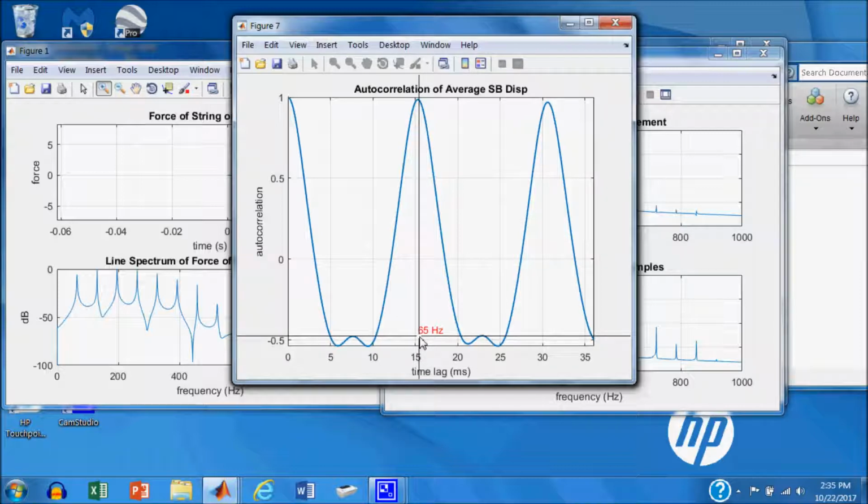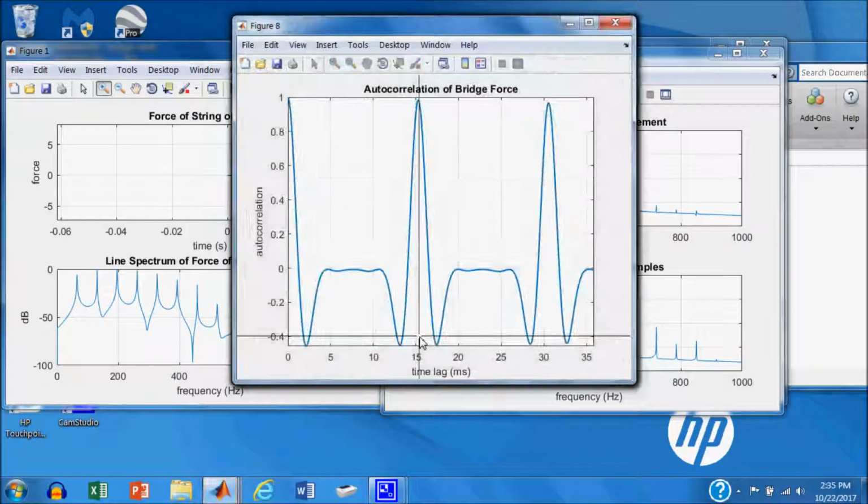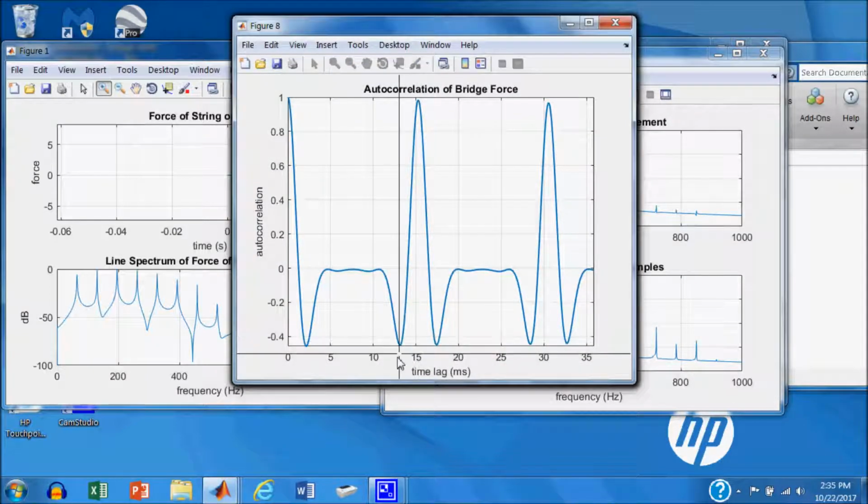So it says the pitch is 65 hertz because we've mentioned earlier, not in this presentation, but in earlier presentations, that we are using the first and strongest peak to tell us what the pitch of the wave is. Here's the same thing for the bridge force. Autocorrelations look a little bit different, but has a peak, same spot basically. Around 15 milliseconds, it back calculates to 66 hertz.